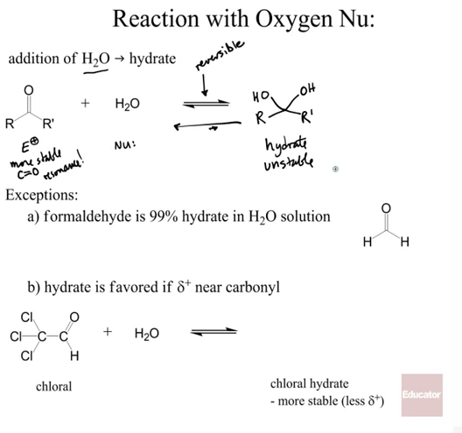There are a few exceptions, though, where the hydrate is in fact formed to a significant amount. One such example of that is formaldehyde. The very unique example of an aldehyde is when we have two hydrogens attached to the carbonyl. That's called formaldehyde. And it turns out that this is extremely reactive. We have just these hydrogens here, so compared to a ketone that has alkyl groups that can donate electron density, this is a great electrophile.